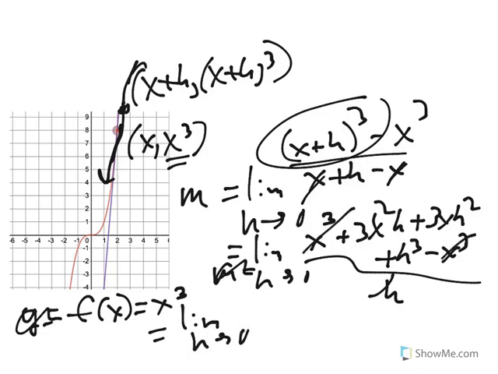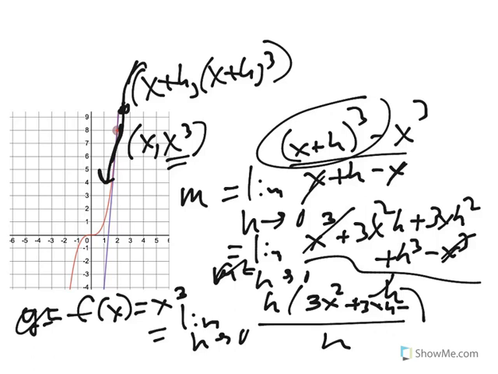The x cubes cancel out here, and I can factor an h out of the numerator and get 3x squared plus 3x h plus h squared. Cancel out the h's. Then when you plug 0 in, these two things each turn into 0, and we're left with just 3x squared.